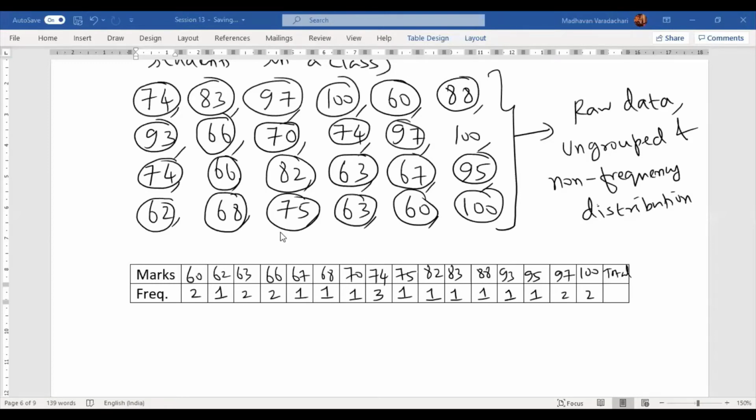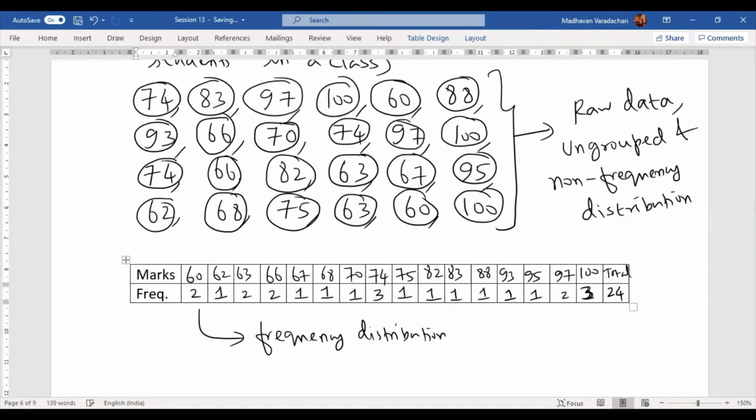Here also there is 100, which I missed. So this is 3. That means we will now get exactly 24. The way the data is expressed now is called frequency distribution.